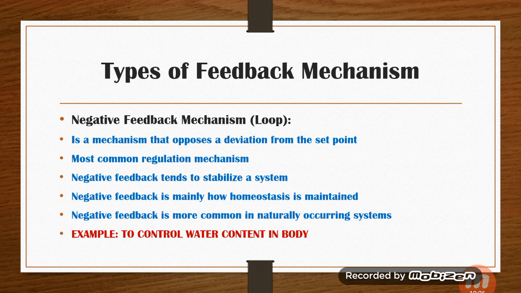The example of negative feedback mechanism is to control water content in the body. For example, if the concentration of water increases or decreases in your body, the message will be sent to the hypothalamus of your brain, which contains the master gland of the body called posterior pituitary gland.